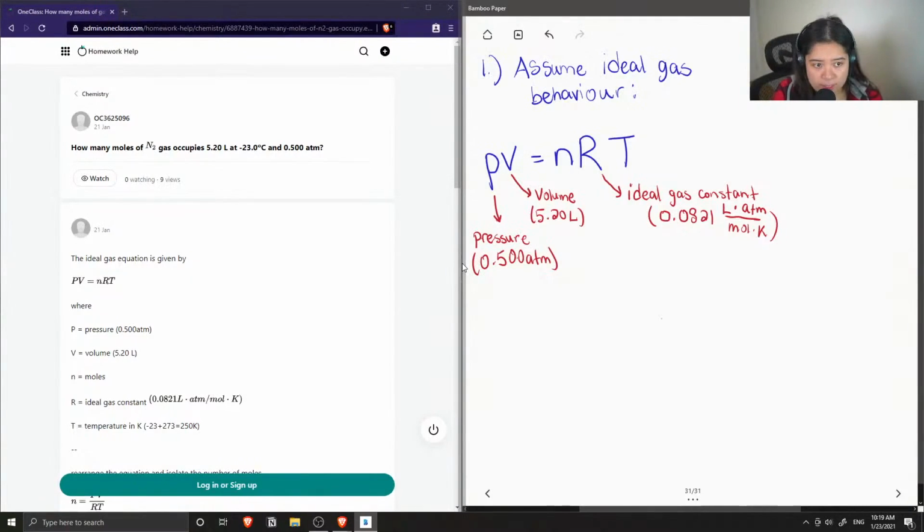And now T is temperature. And they gave it to us in the question as negative 23 degrees Celsius. But we need to convert this to Kelvin in order to use our ideal gas constant.